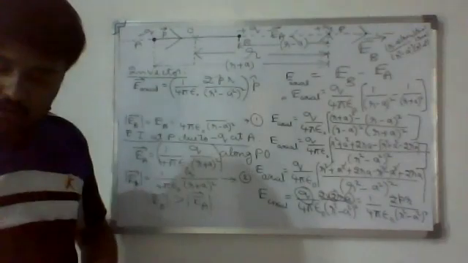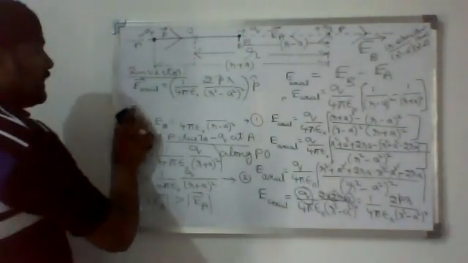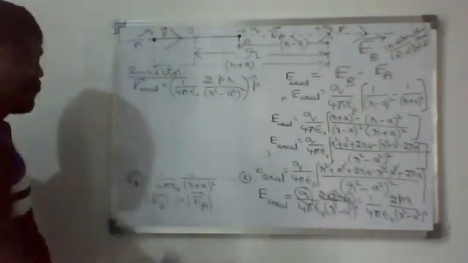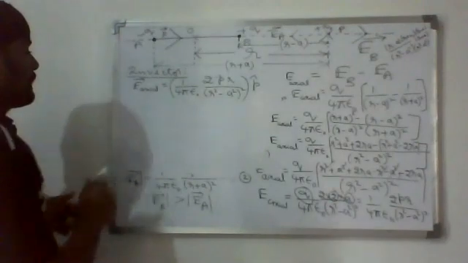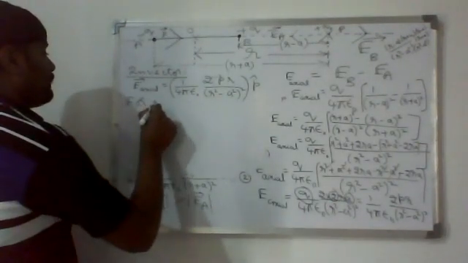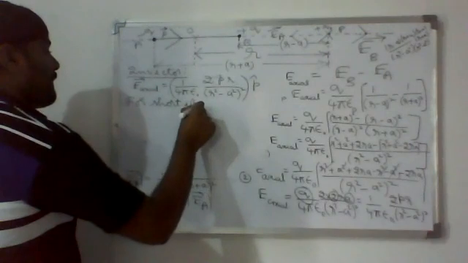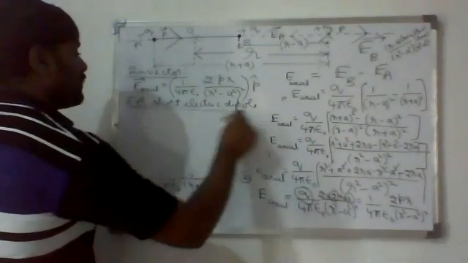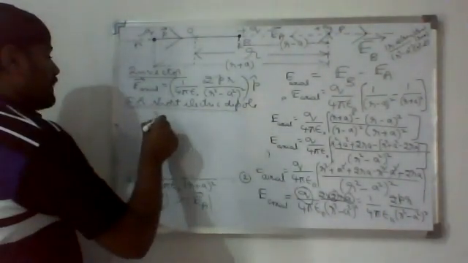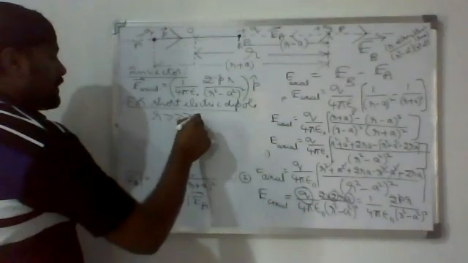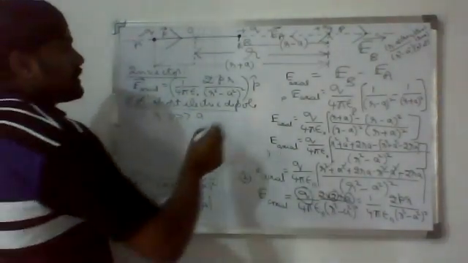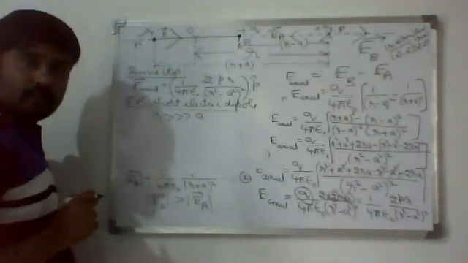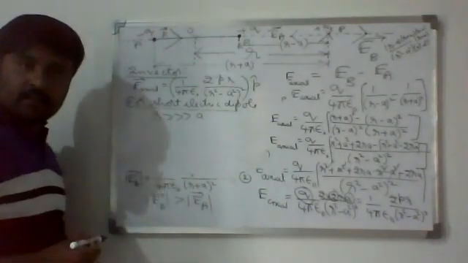Okay. For a short electric dipole, r is much greater compared to a. Suppose the point P lies far away from the center of the electric dipole, so r is much greater compared to a.